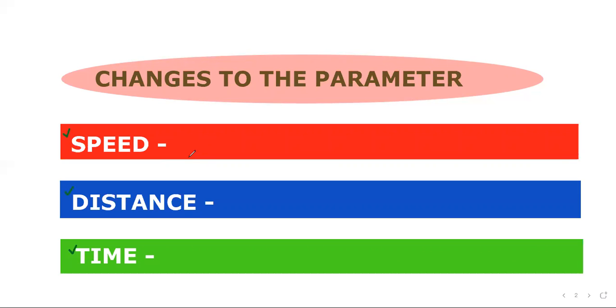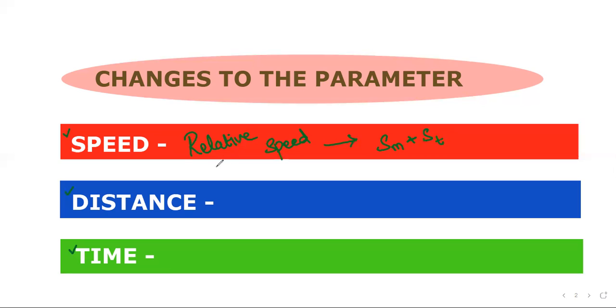If both of them are moving, then the speed is nothing but the relative speed. If both the objects are moving in opposite direction, then the relative speed is nothing but the sum of the speeds of both the objects. Here it is the sum of the man's speed and the train's speed.